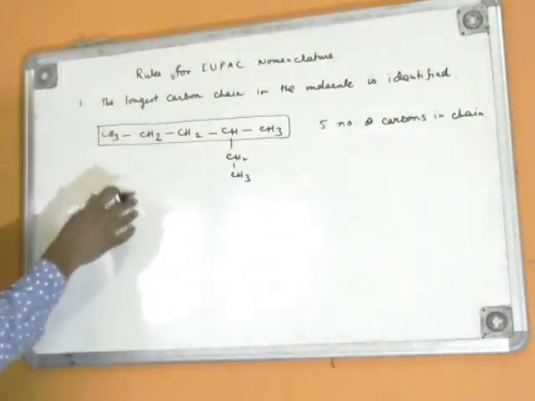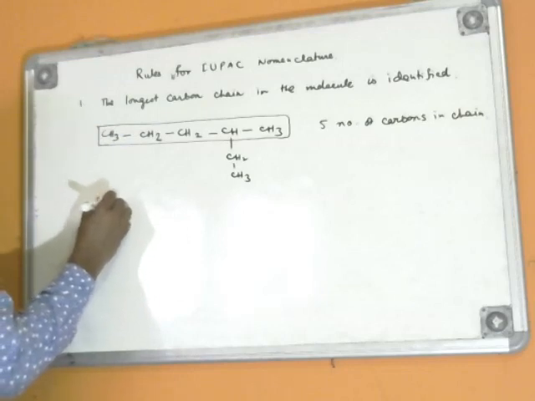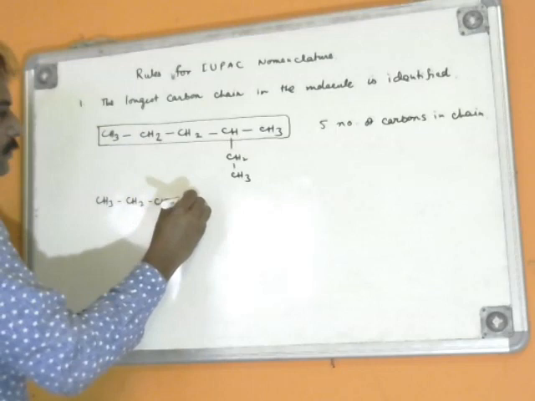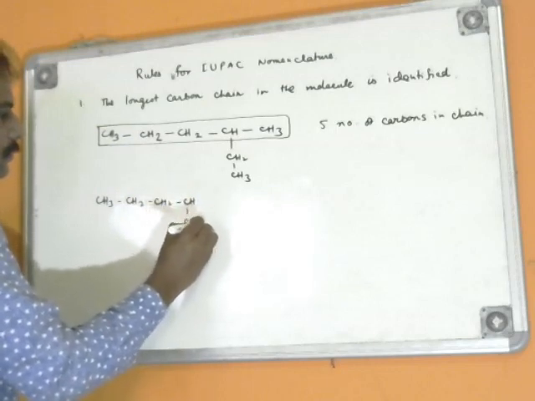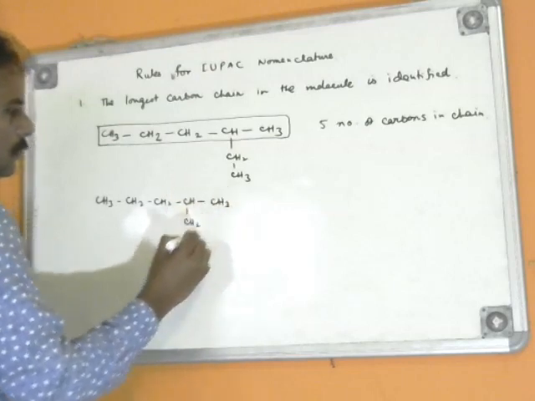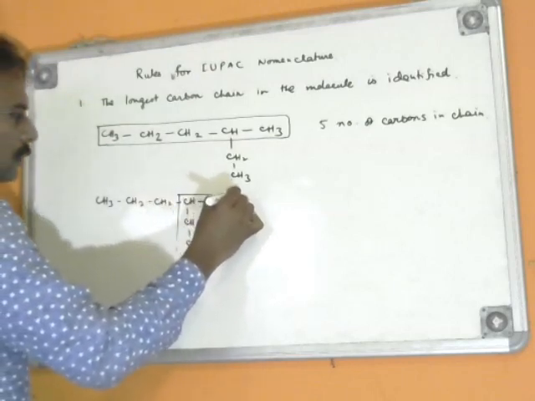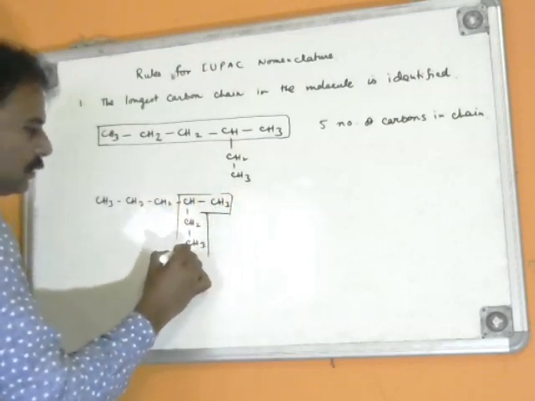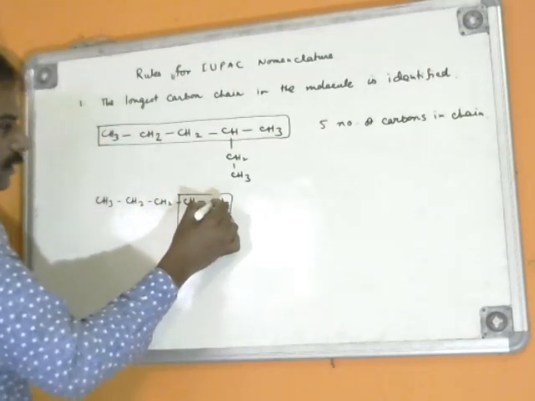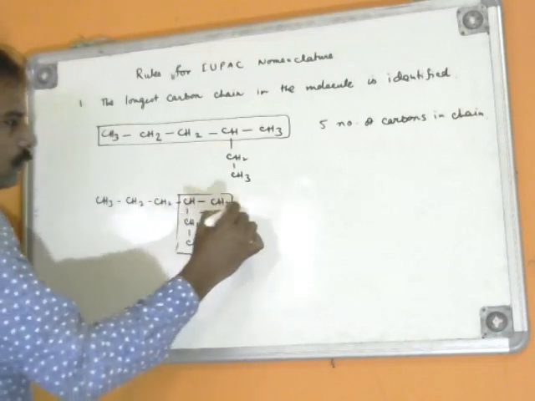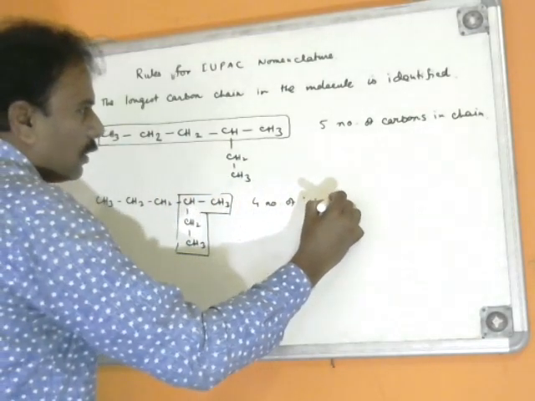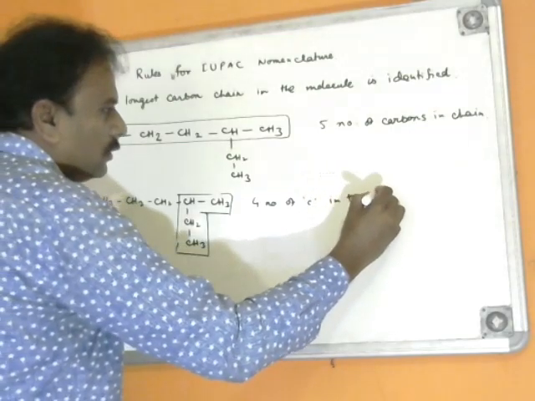I am drawing this compound again to realize clearly what I am saying. Here also there is a chain of carbon which is 1, 2, 3, 4. So 4 number of carbon in the chain.